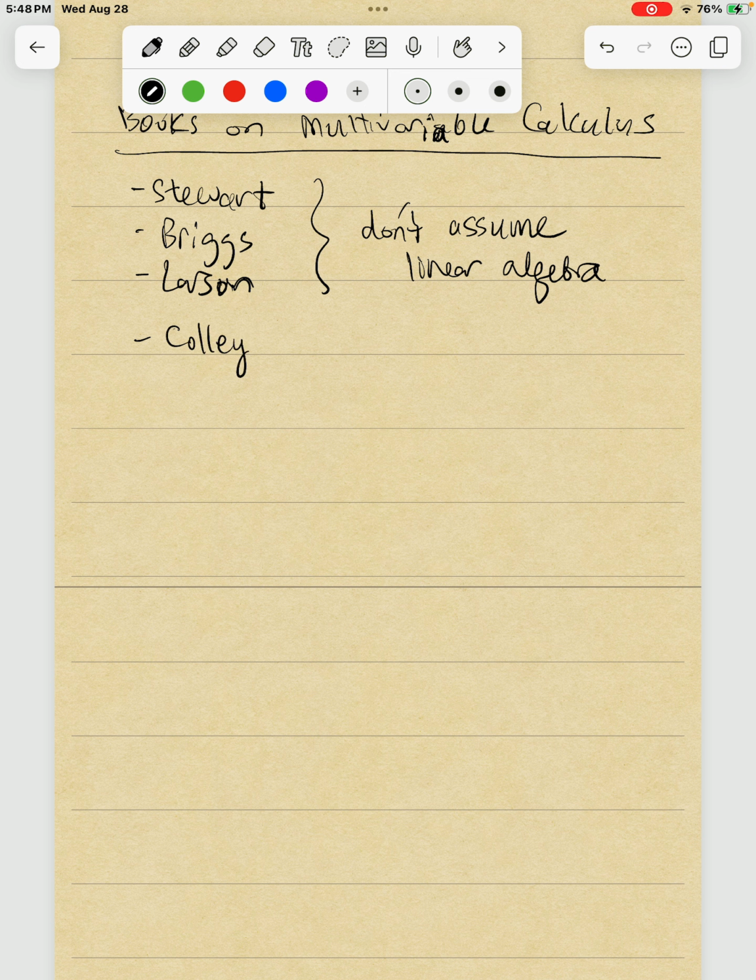There's a book by Colley called Vector Calculus, and there's a book by Marsden and Tromba. I forgot what it's called. It's like calculus of several variables or something. Let me look it up. Marsden and Tromba, Vector. Oh, they're both called Vector Calculus. Okay.